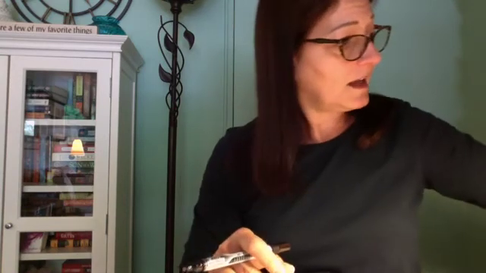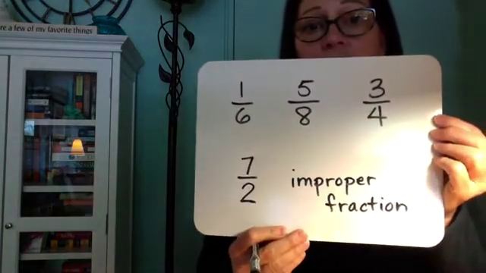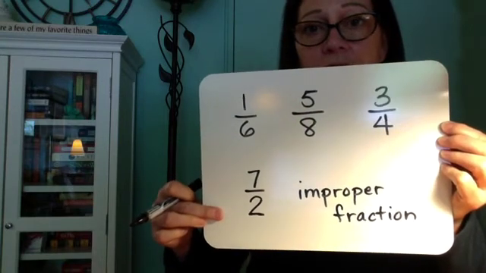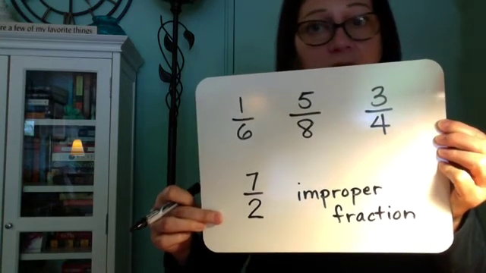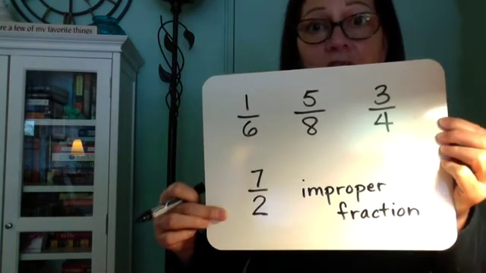Okay. So we talked about improper fractions. Improper fractions, as we said earlier, was when you have a numerator that's larger than the denominator. Okay? That doesn't make sense because that's going to be more than 1. So, what do we do?